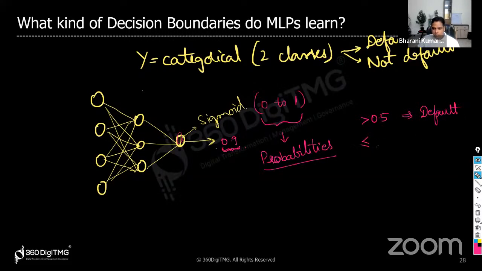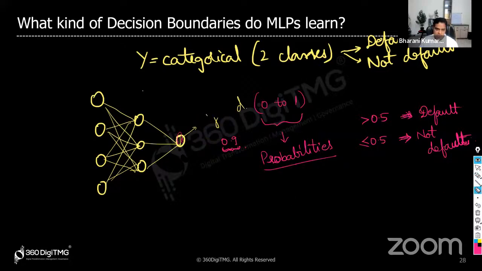And if the value is less than or equal to 0.5, you say that person will not default. Okay, so default or not default. Then, this is with respect to output variable categorical in two classes.